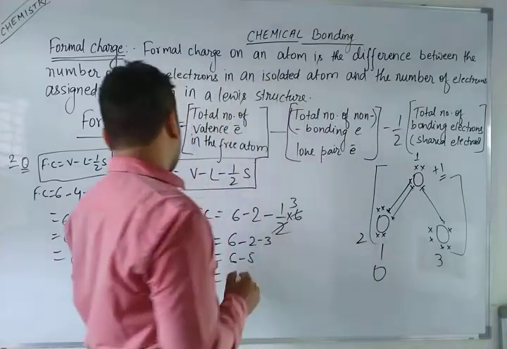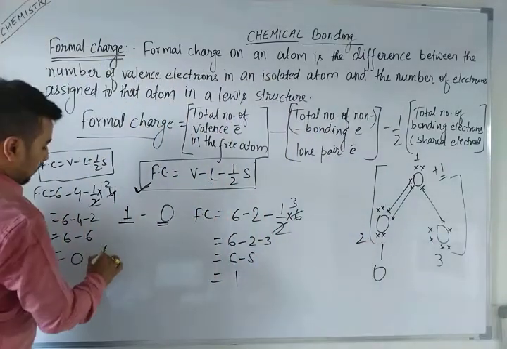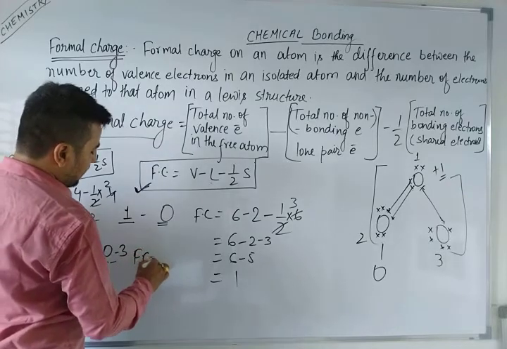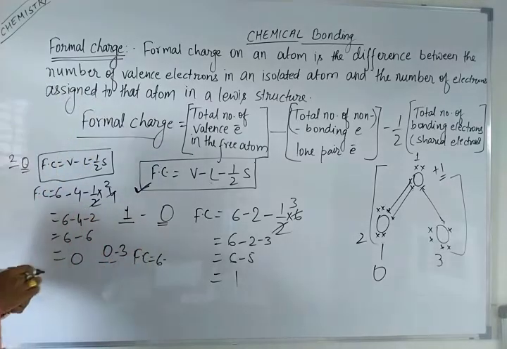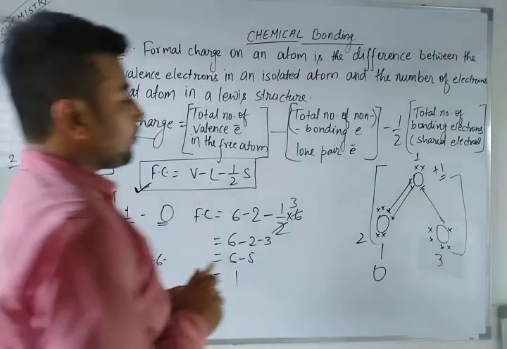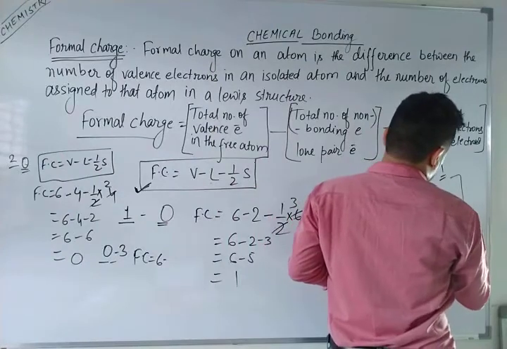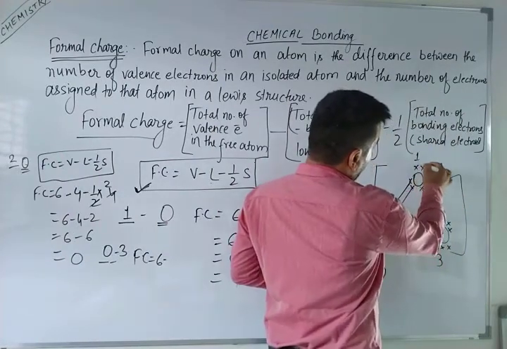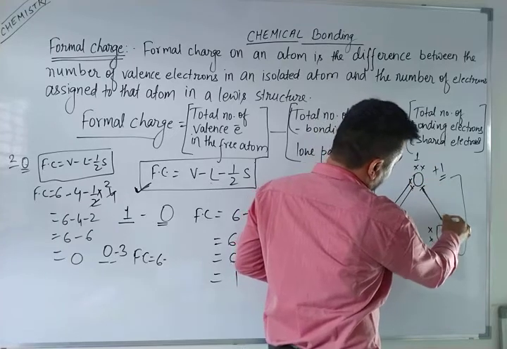Let's talk about oxygen number 3, the most important one. Here the total number of valence electrons is 6. Now let us talk about the lone pair electrons. How many lone pair electrons are you seeing on the third oxygen atom? There are a total of 1, 2, 3, 4 and 5, the sixth electron is here.